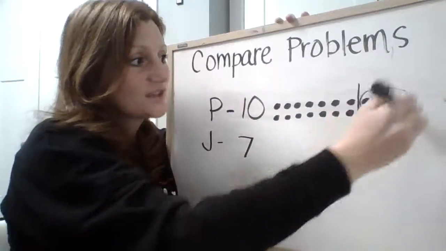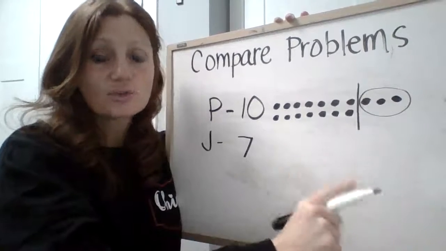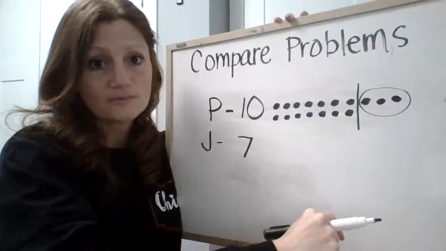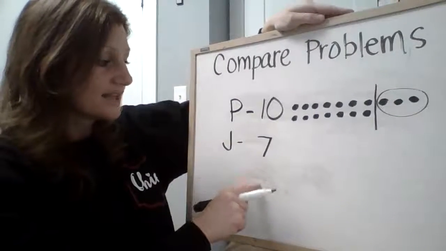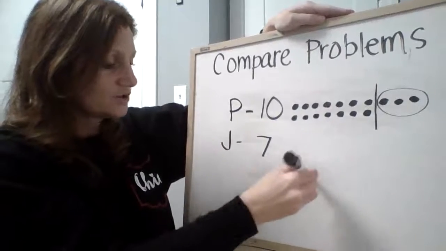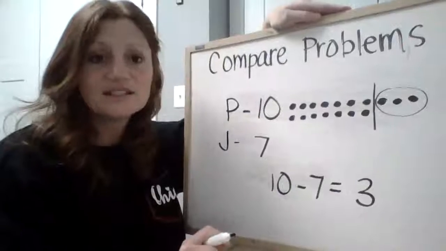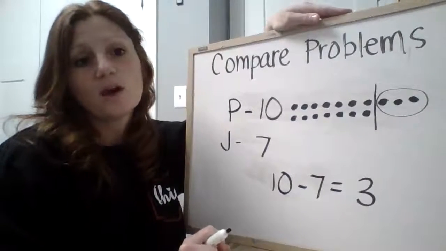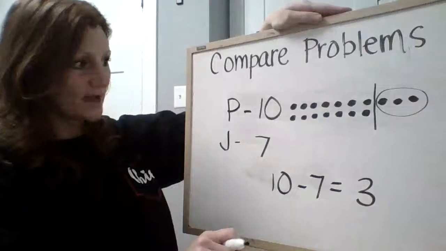So this shows us how many more Pete had than John. Pete has 3 more rocks than John. Okay, now down here, I could also just take the bigger number, 10, subtract the smaller number, and that will also find the difference between these two numbers. What is different between them? What's the amount that's of the difference, okay?